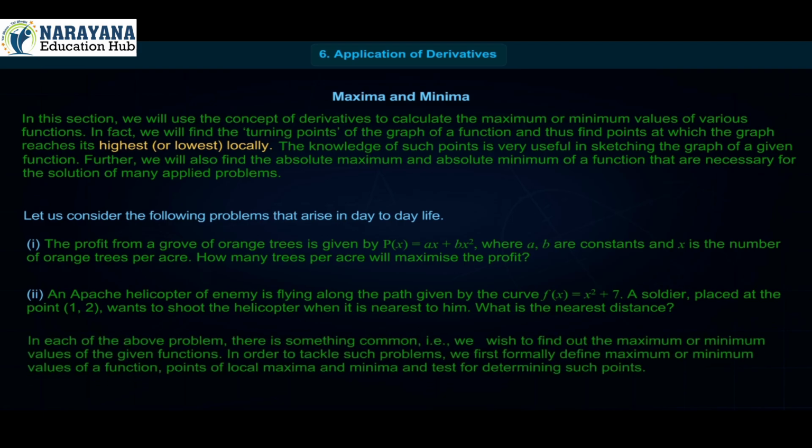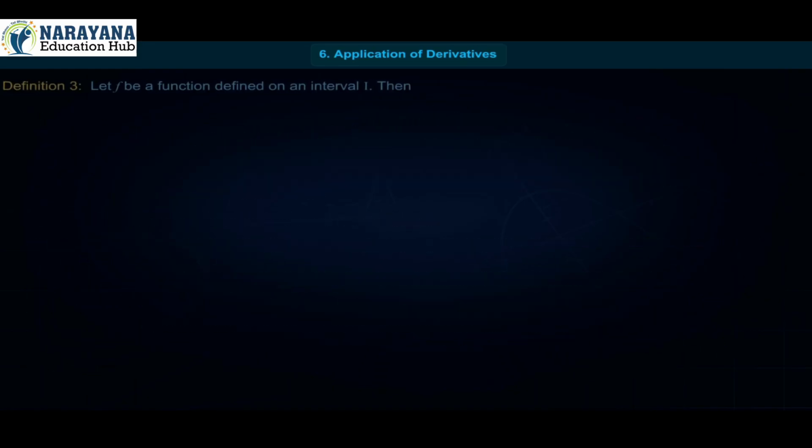In each of the above problems, there is something common, that is, we wish to find out the maximum or minimum values of the given functions. In order to tackle such problems, we first formally define maximum or minimum values of a function, points of local maxima and minima, and test for determining such points.